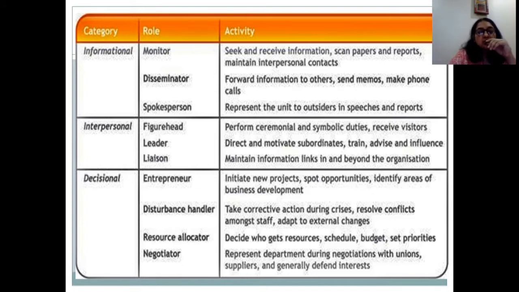Then, as a resource allocator, the manager has to set schedules, make budgets, allocate resources to their optimal use. And as a negotiator, the manager has to represent his department or sit with the union, suppliers, and other stakeholders for negotiating with them and come up with solutions which keep both the other party and the organization in a win-win situation.